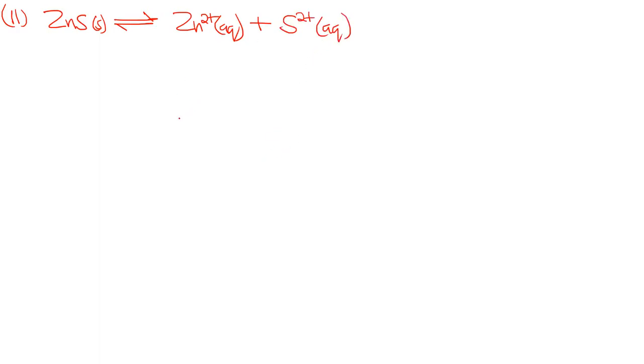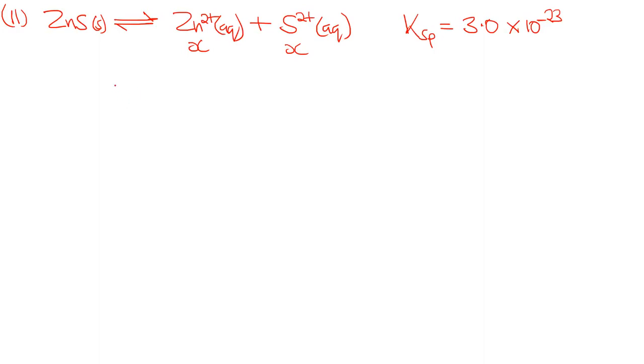So for this one, we know that the KSP is given as 3.0 times 10 to the power negative 23. So when zinc sulfide dissolves, here it will form X, here it will also form X, because it is a 1-to-1 reaction.